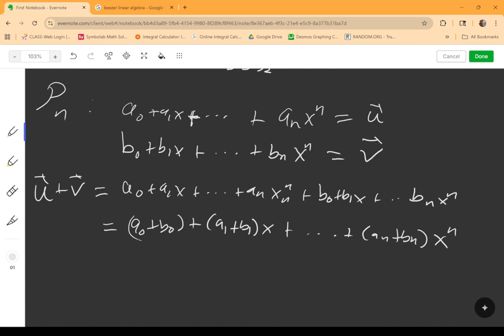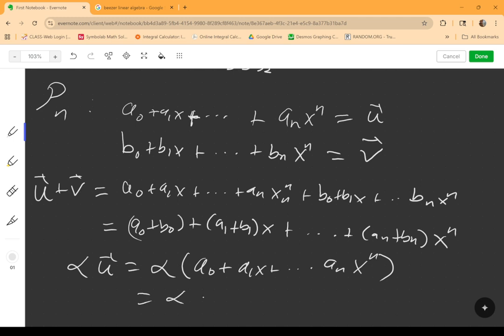And then scalar multiplication. We would define alpha u to be alpha times a0 plus a1x up through a sub n x to the n, just distributing, multiplying the scalar by each one of the coefficients.